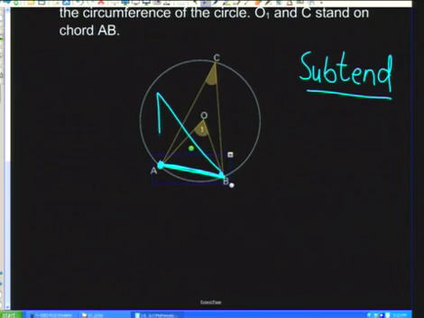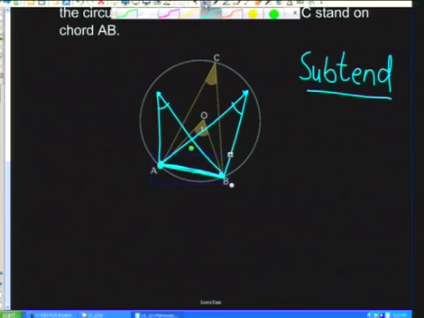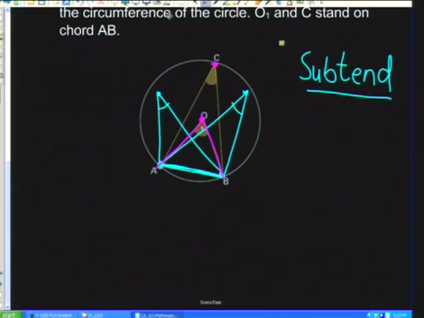I could make this angle over here. I could make an angle over there. These two blue angles are not subtended because they are sitting just inside the circle. But this angle over here at the center, we would say that it's subtended from that arc. So it's subtended by the center, and this angle would be subtended by the circumference.